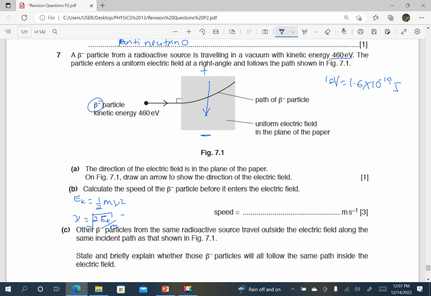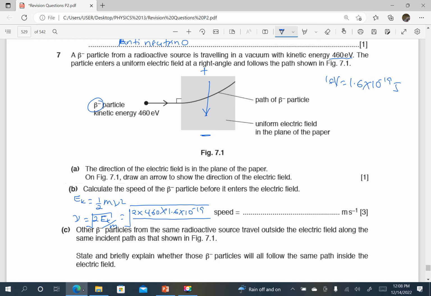So I just substitute: square root of 2 times the kinetic energy, 460, changed to joules, times 1.6 times 10 power negative 19, divided by the mass.